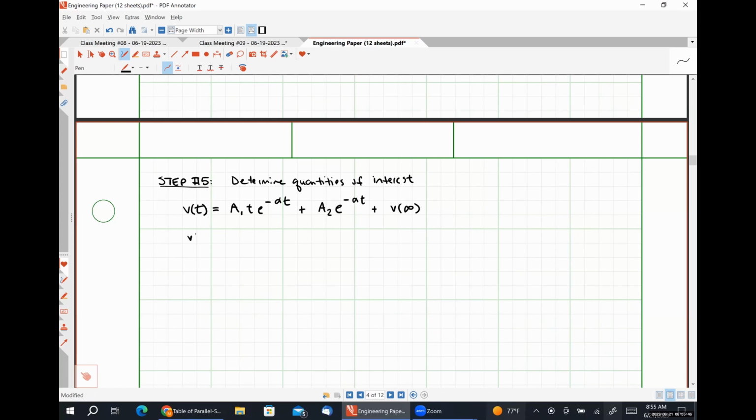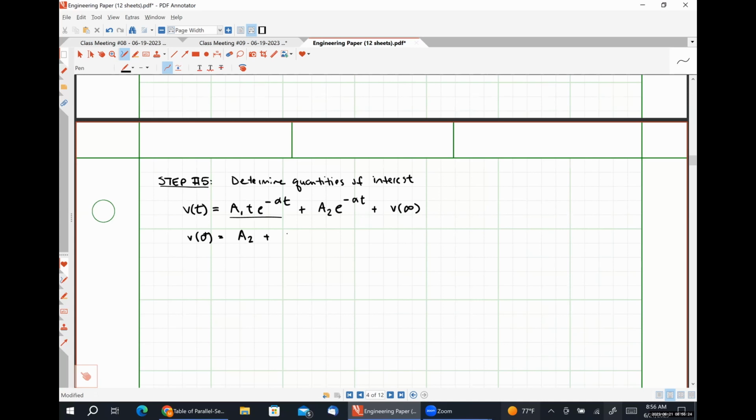So at t is equal to 0, and I'm going to put 0 plus here, but it will matter for certain other things, so we'll get in the habit of putting 0 plus. My first expression here is going to go away, right? Because if I'm multiplying by t and t is equal to 0, A1 times 0 times e to the negative alpha t goes to 0. A2 times e to the negative alpha t is just going to go to A2, right? Because e to the 0 is 1.